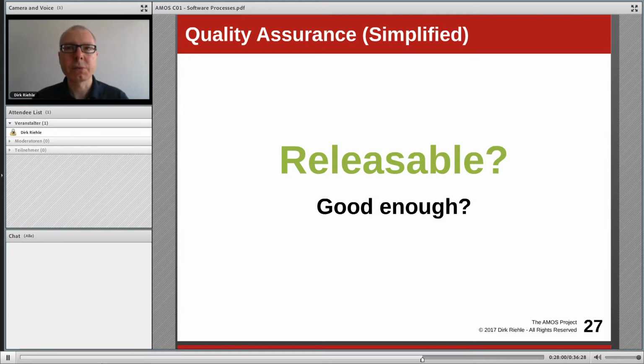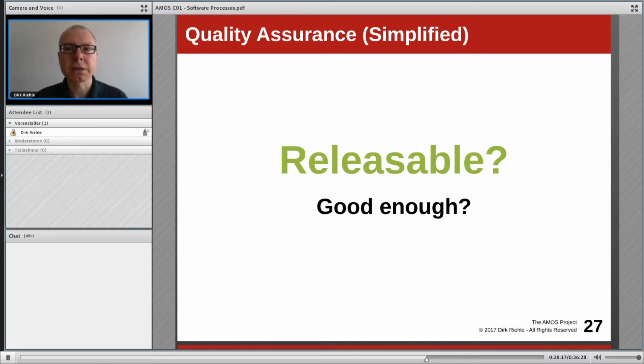And so the ultimate yes or no decision that quality assurance provides is, should the software be released or not? Yes or no. They have typically veto power over releasing the software to a market.